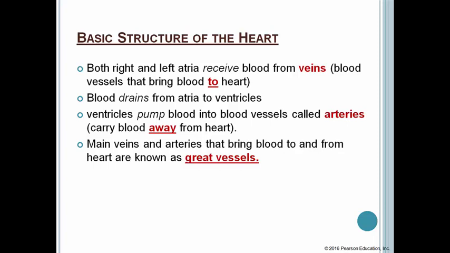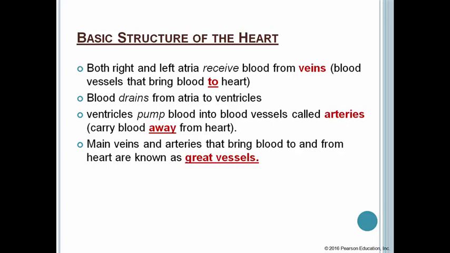The ventricles' responsibility is to actually pump the blood into the great vessels. So arteries are going to carry the blood away from the heart, and those vessels are then responsible for delivering it either to the lungs or to the body tissues to offload the nutrients and the oxygen.